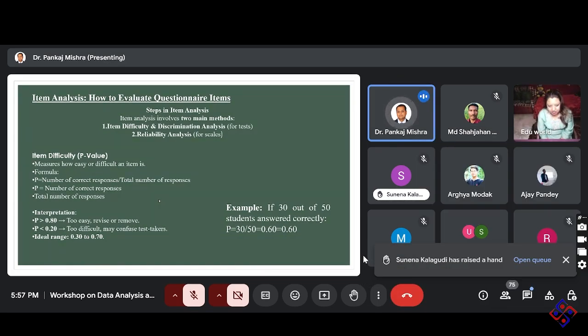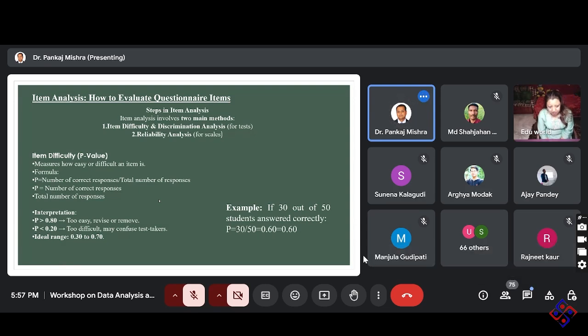Out of them, 30 are in my range, and some of the data are moving out of the range as per the tolerance I had given in my experimentation. So on the basis of that, how can we calculate the p value or the difficulty of the item in terms of the error terms? The same test is applicable over there as well, right?